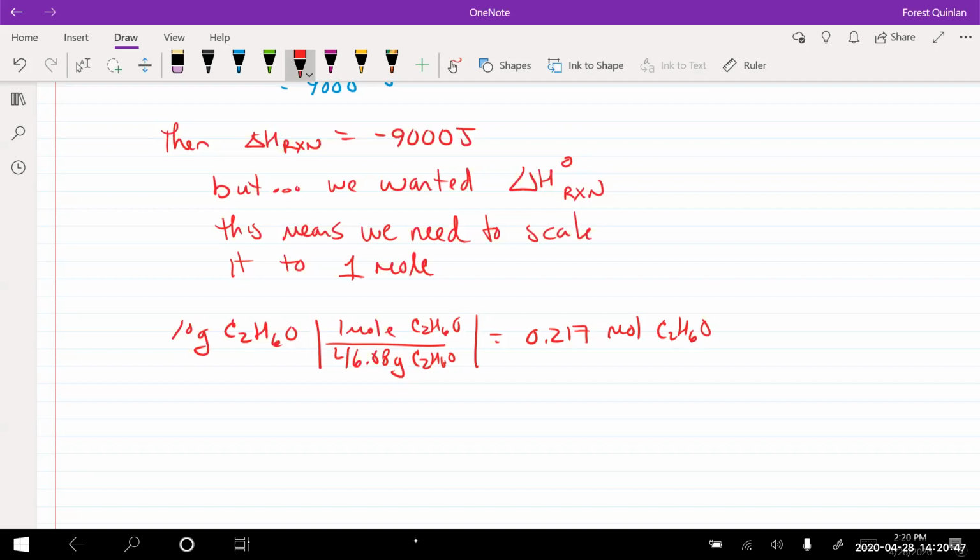So again, when you're doing these calorimetry experiments, you're not always going to be working with the exact amount that you want, specifically the 1 mole's worth. What you do instead is you use a portion of it. Everything will scale accordingly as long as you remember to go back to that per mole basis.